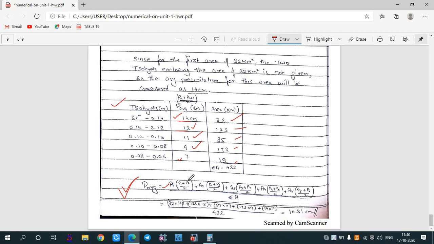The average coming out is 14 centimeter. The area is 32, so 32 into 14. Then this multiplication, plus this multiplication, and so on. We'll add all these values and divide by the total area. The total area is 432. So the final value is coming out to be 10.81 centimeter.